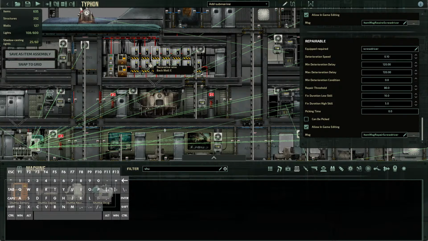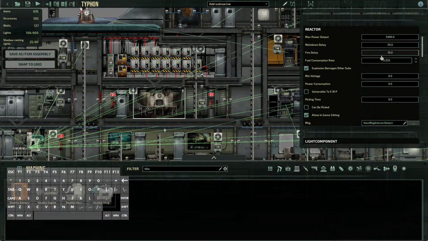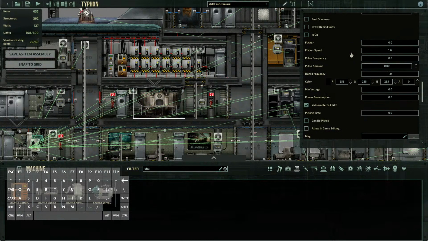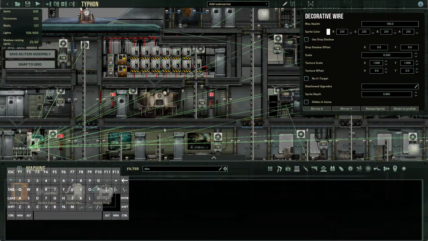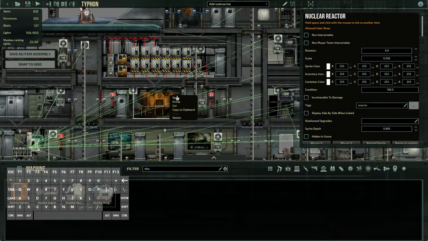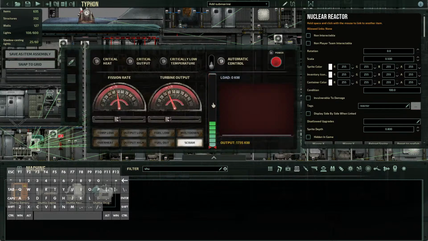Right? I don't know if that makes sense, but it's like the reactor. The reactor has 2 timers, right? It has the meltdown delay and the fire delay. If the temperature of the reactor goes above 6,000 degrees, so you got that bar graph, there's usually 2 little lines here.